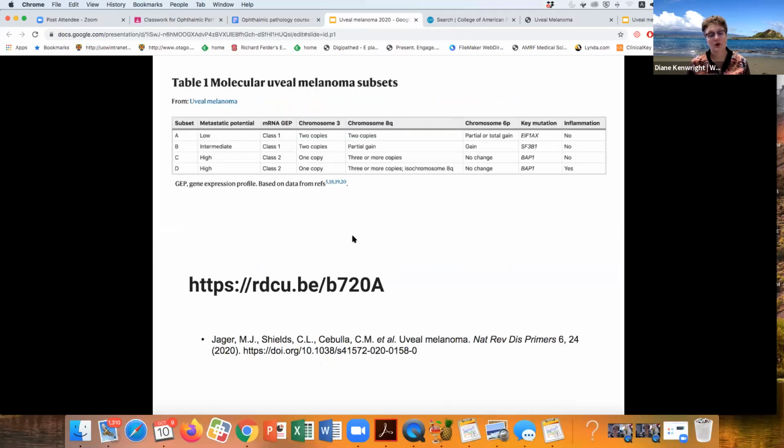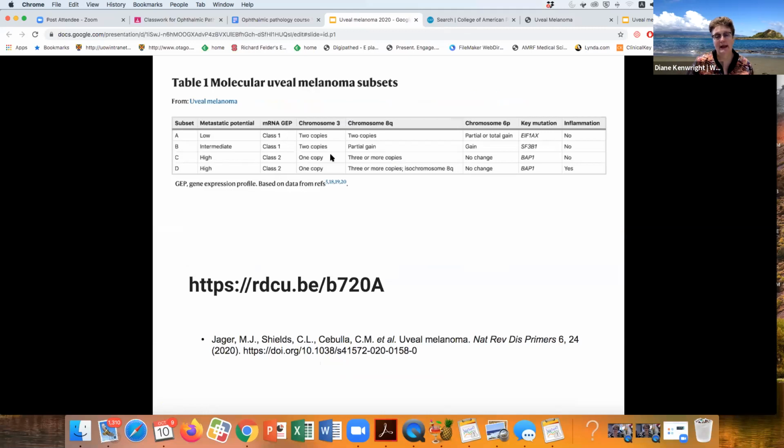So we now have molecular uveal melanoma subsets, class 1 and class 2, depending on whether they are chromosome 6 or chromosome 3 loss.